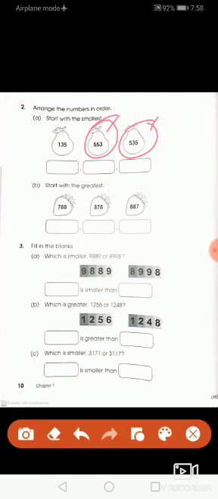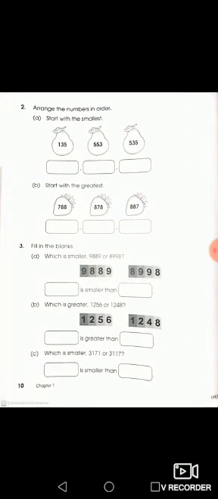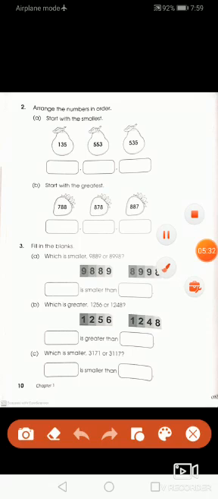We start with the smallest number. First will come 135, the smallest, then 535 is the second smallest, and 553 is larger than 135 and 535. Follow the same pattern, and you can find the B part by yourself.